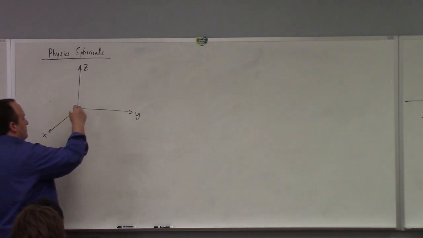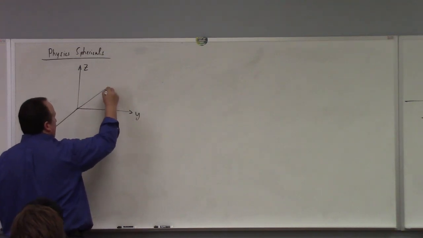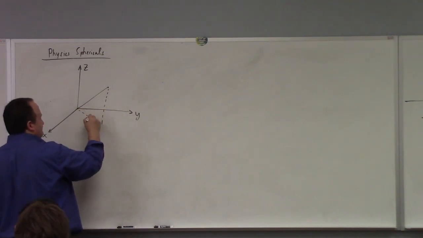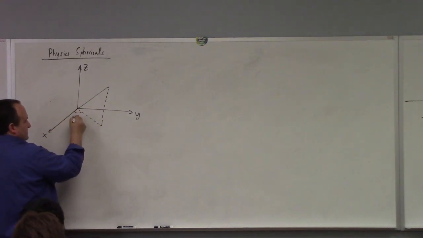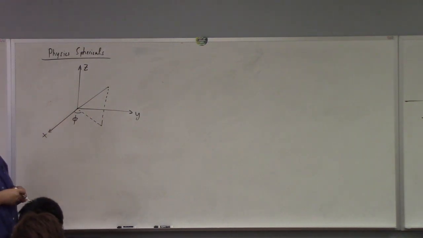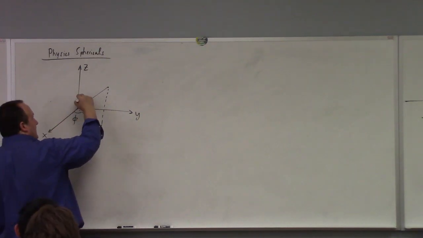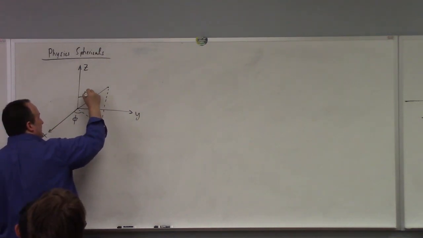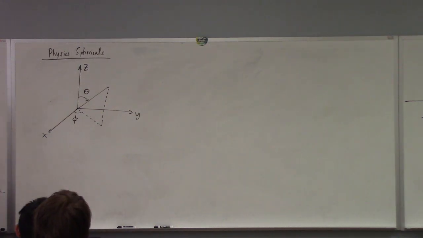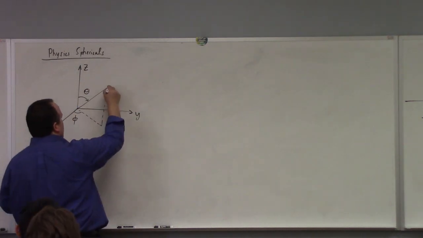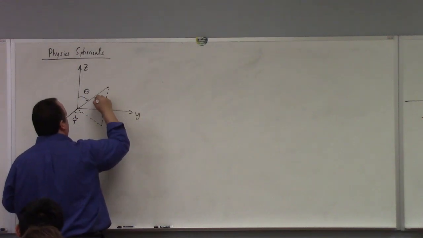But here's where it gets weird. So this point out here, this angle from the positive x-axis is called phi. And this angle swept off the positive z-axis is called theta. And the distance from the origin out to here is called r.